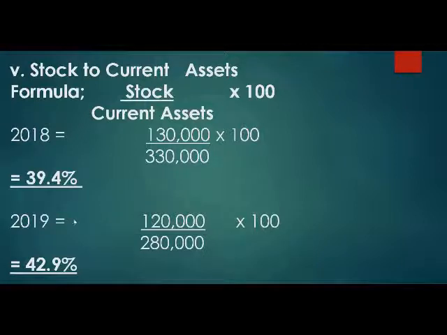So by mere looking at the solution, if you compare the percentage of 2018 to the one of 2019, you will see that there is a slight increase in stock to current asset from 39.4% to 42.9%.